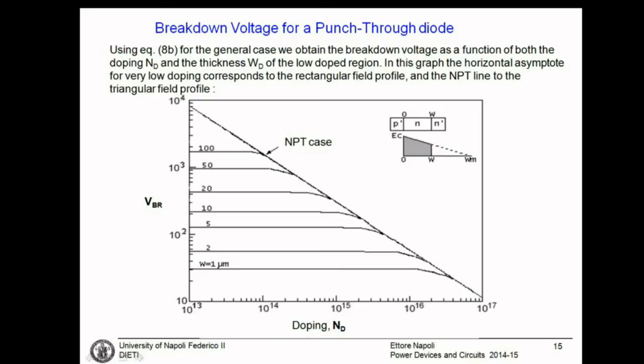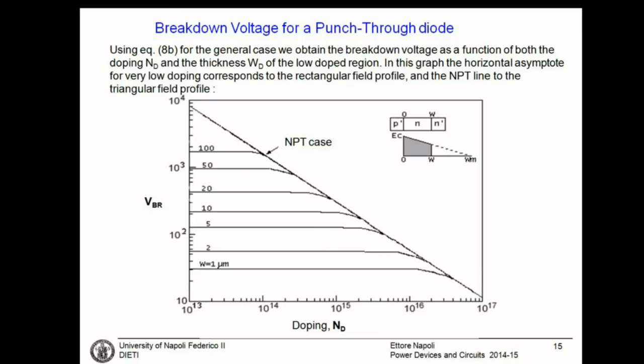And for a depleted region of 10 microns, you get 20 volts more or less. 50 microns, more or less 900 something. 100 microns, about 2000. We have seen where we need 125 microns more or less for the non-punch-through case.